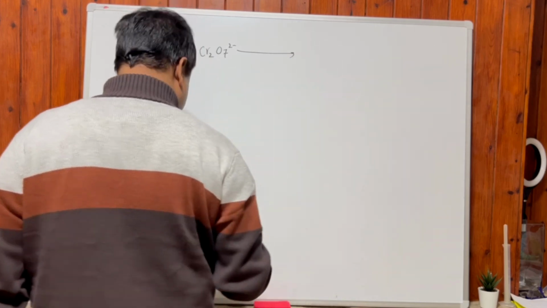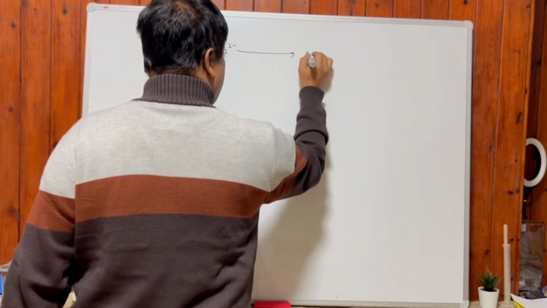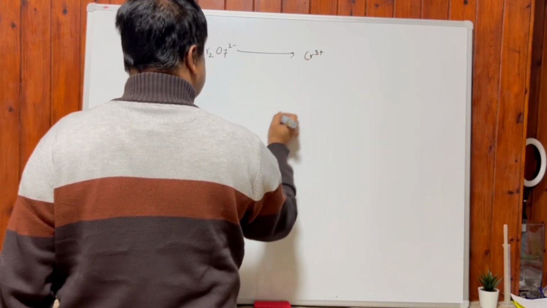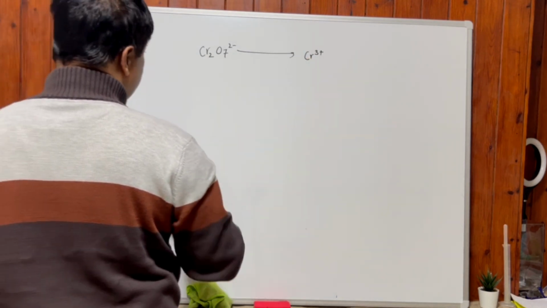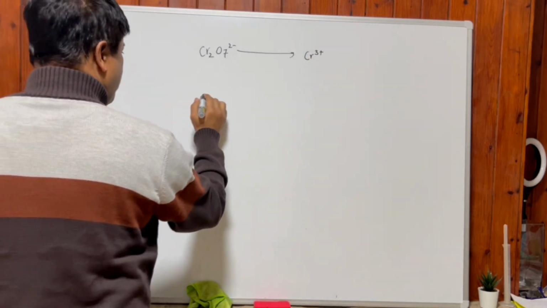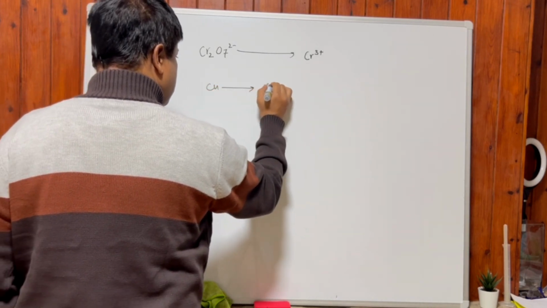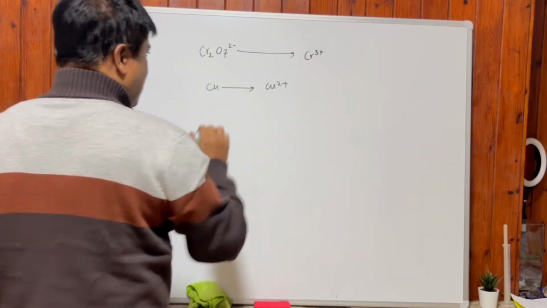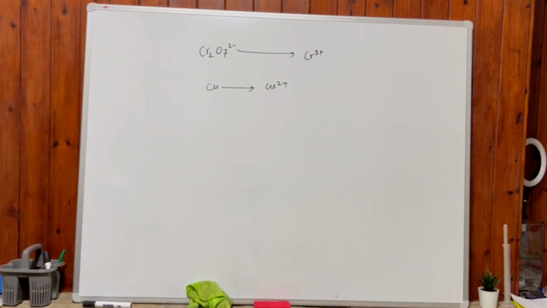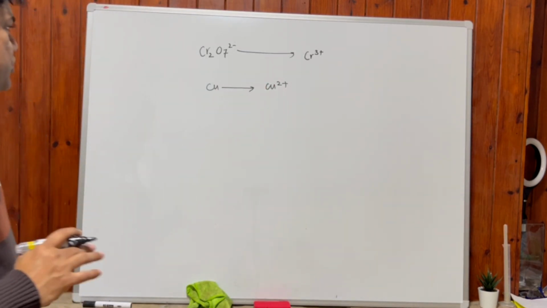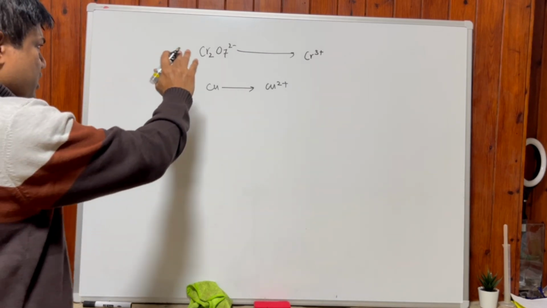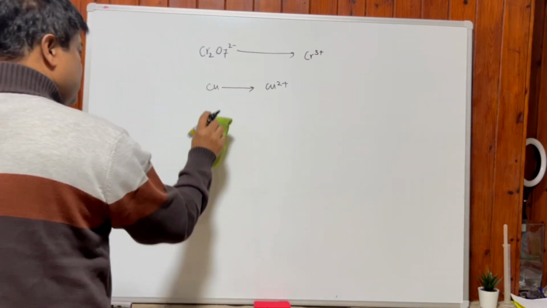This is R, chromium, Cr3+. You can use ferrous or you can use copper. Copper is a metal. Cu becomes Cu2+. Both of them are half equations. I want to start with the first half equation.